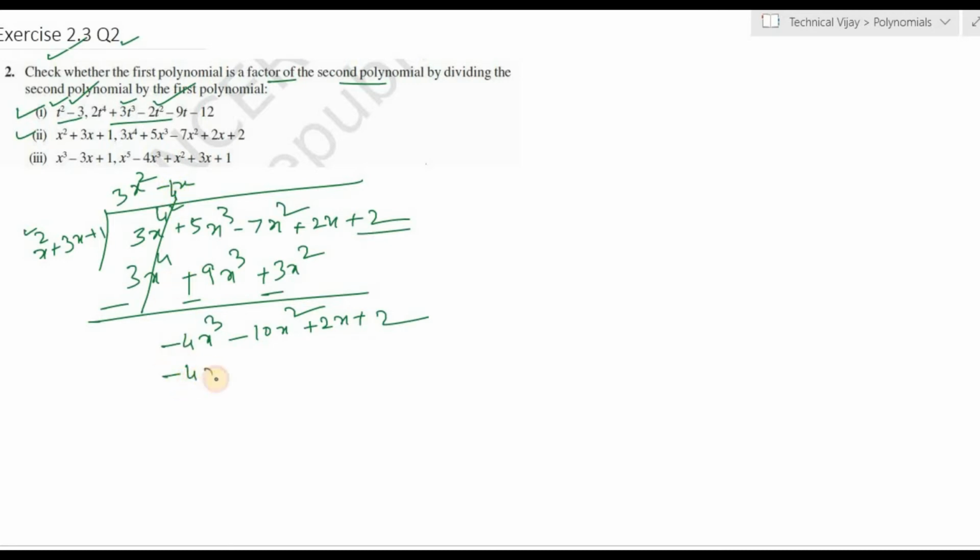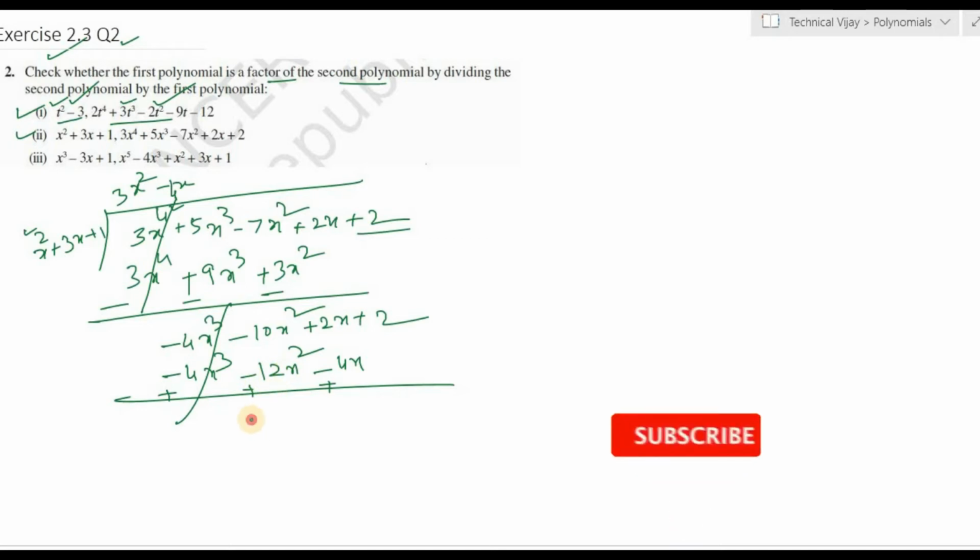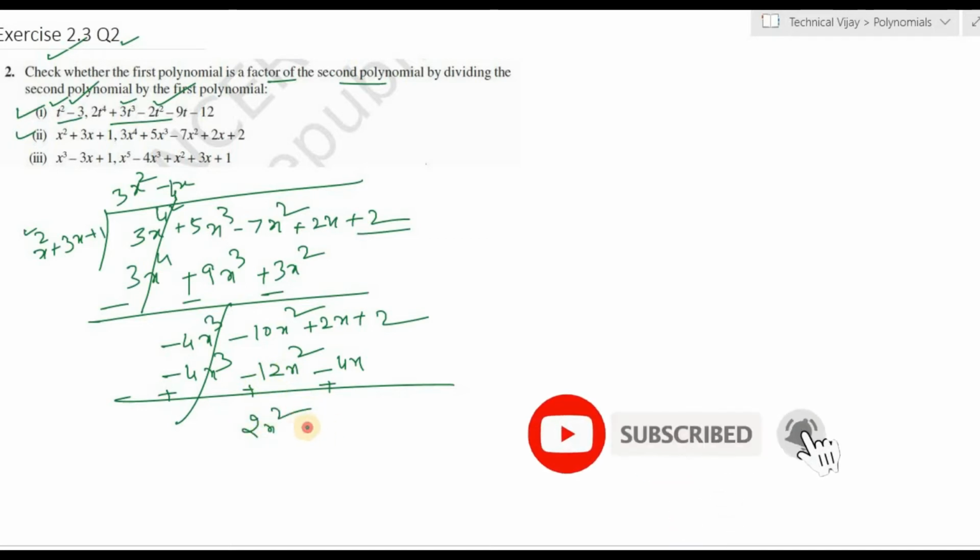So minus 4x cube, minus 4 into 3, 12x square, minus 4x into 1 is minus 4x. Here plus, this is plus, so this is cancelled. Minus 10 plus 12, so 2x square plus 6x plus 2.